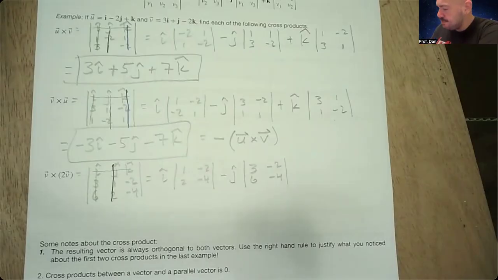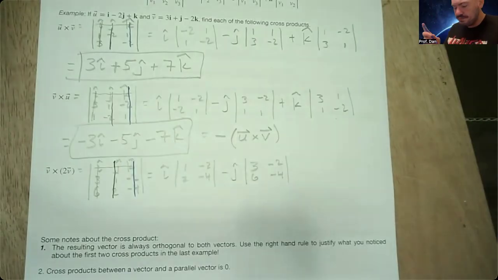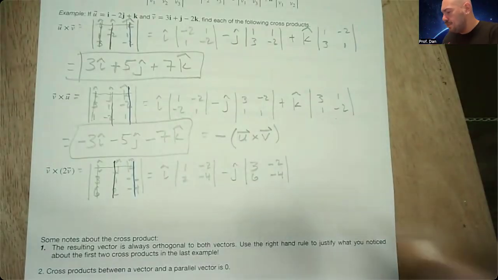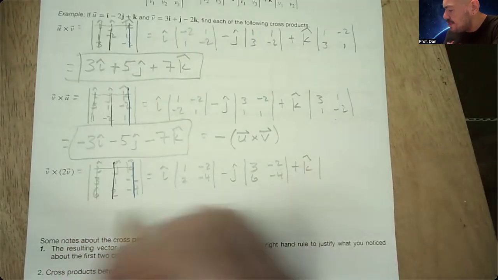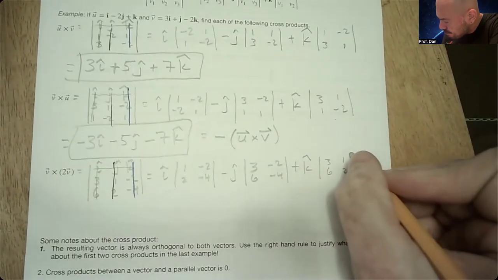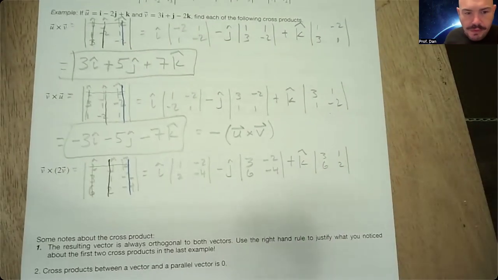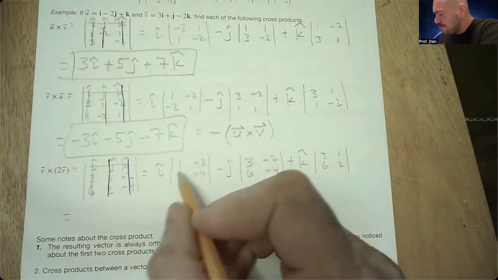And then take out the third column, and we get k multiplied by this determinant. And let's see what happens.